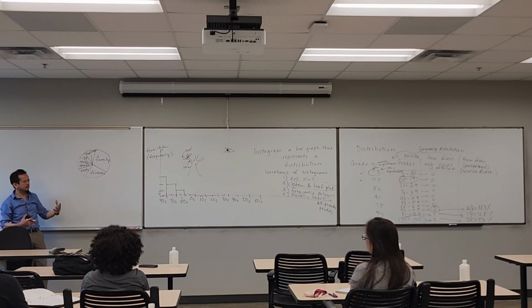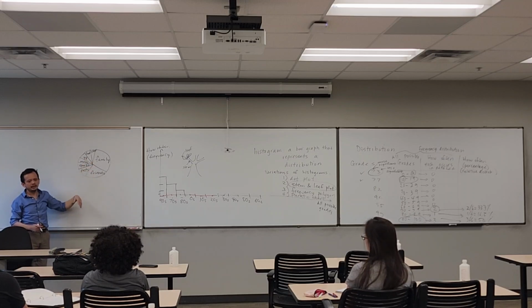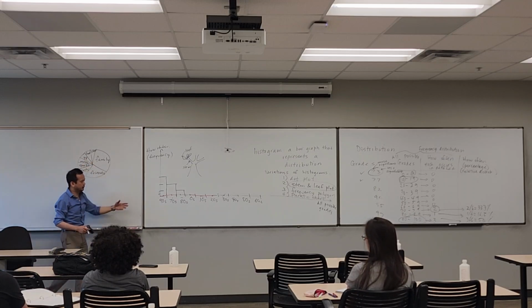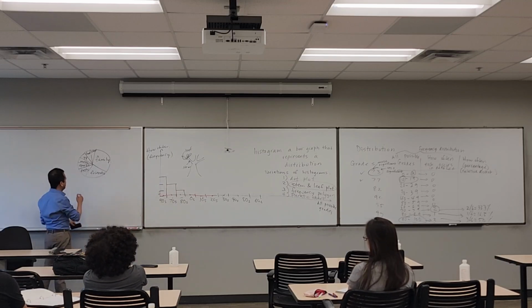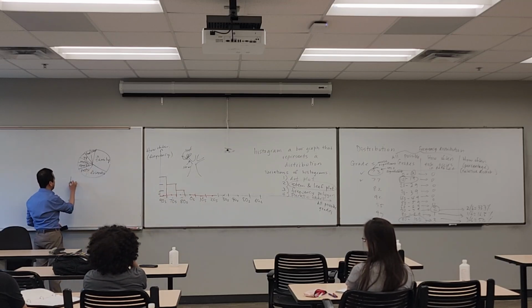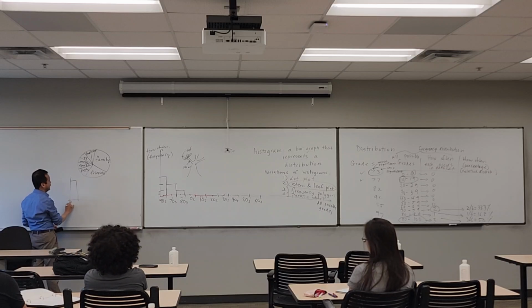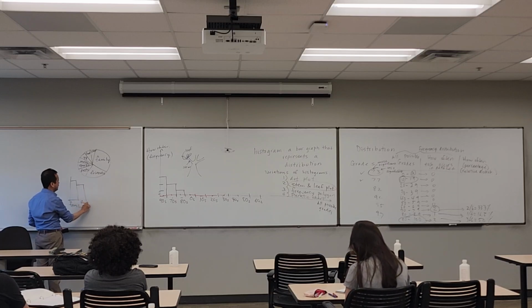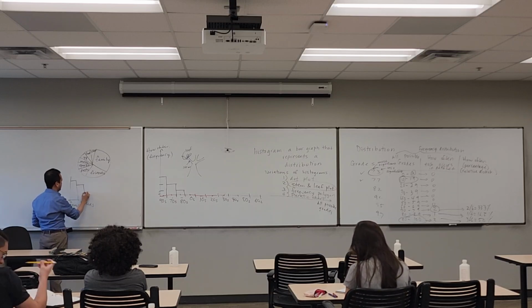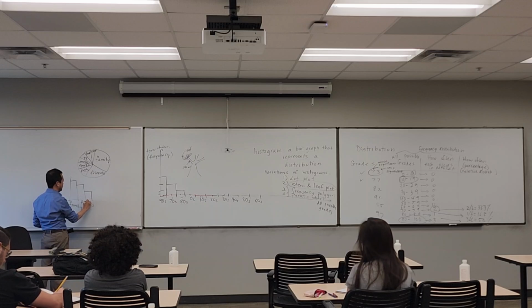So if you were to organize this exact same data as a Pareto chart, where you basically have a bar graph organized in descending order, then you might have something like this, where now family is here, and then friends is here, and pets is here, and sports is here.